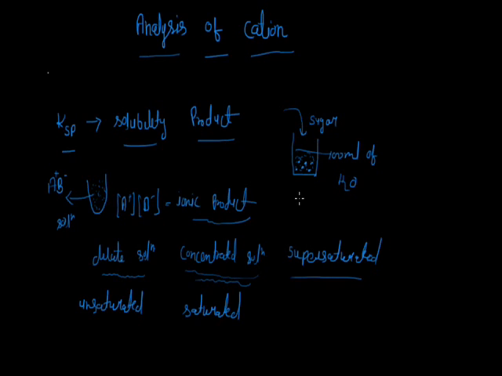So, this is called unsaturated solution. It means in this solution, the amount of sugar is very less as compared to the solvent H2O. In the unsaturated solution, the concentration of the ions is called ionic product.